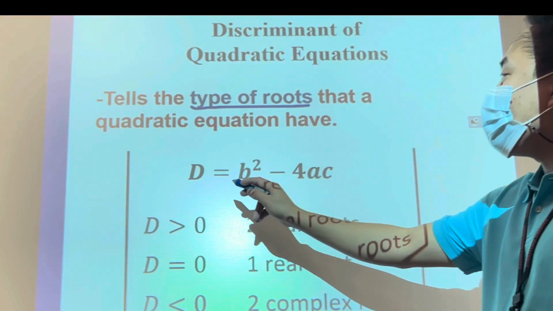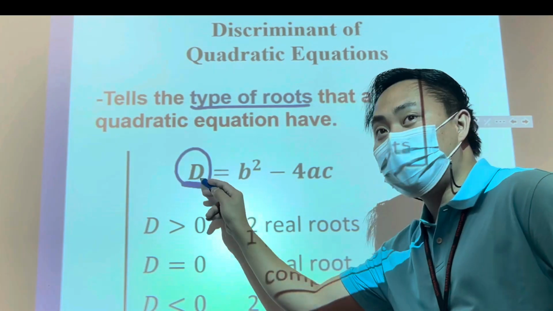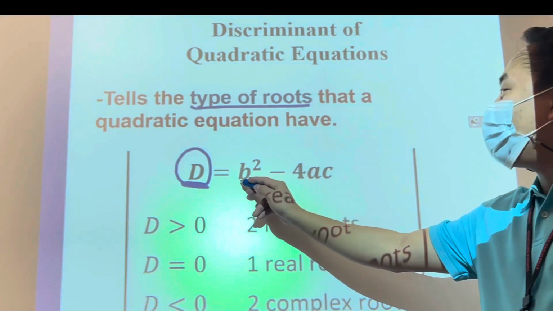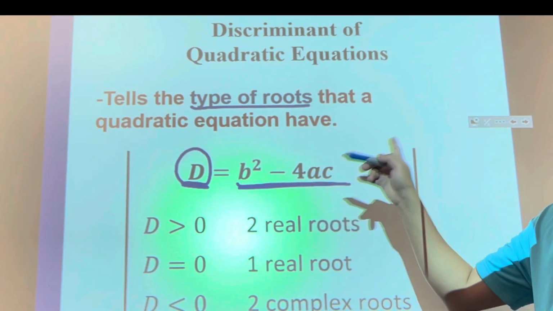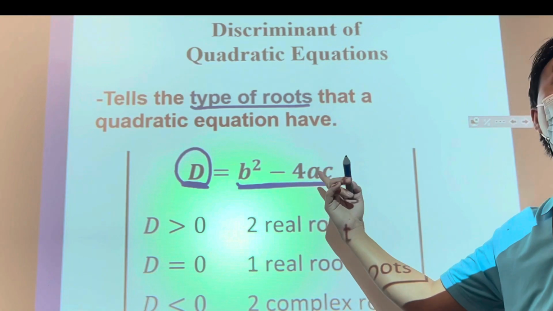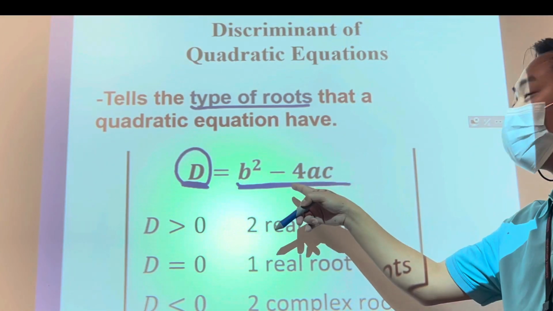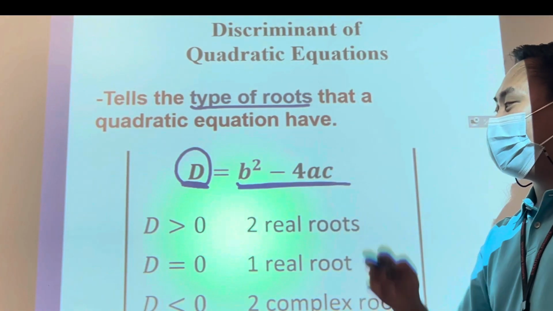The discriminant is represented by capital D, and this is the formula: b squared minus 4ac. If you notice, this expression is found in the quadratic formula, right? Inside the square root is the discriminant.